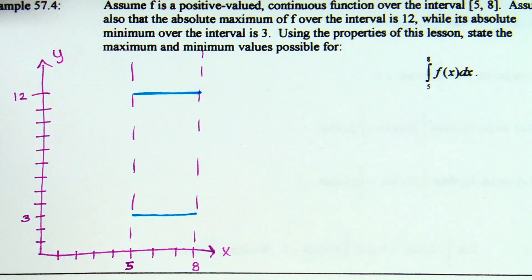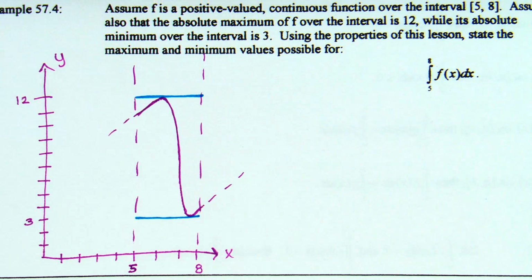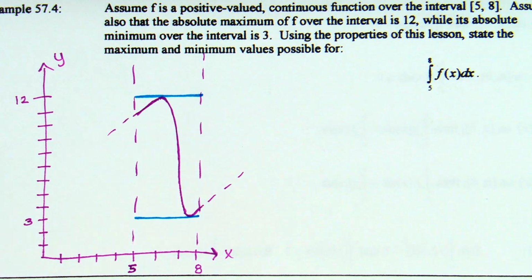Whoops, I went over too far. Past those dotted lines it doesn't matter. I was trying to draw an S curve, but okay, there's just a random curve I drew in there. We don't know what it looks like, but I'm just drawing something in there.